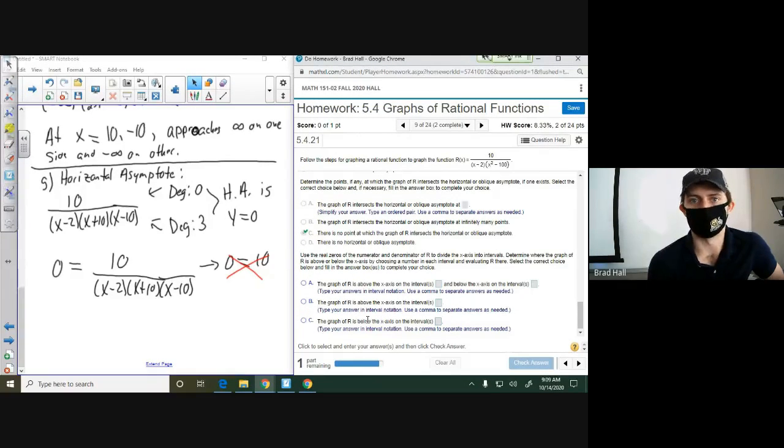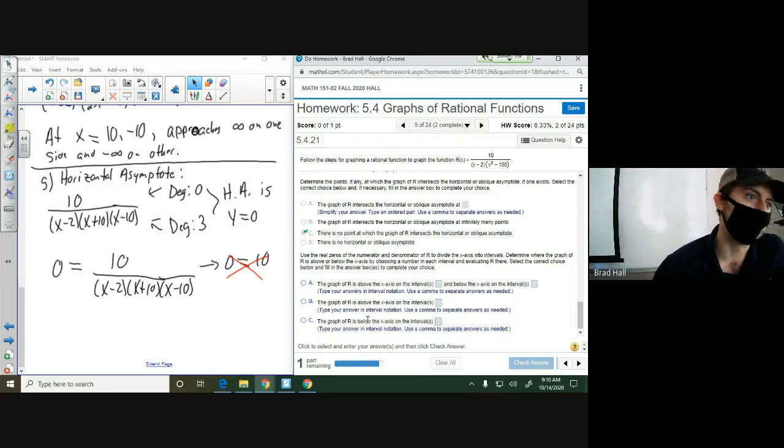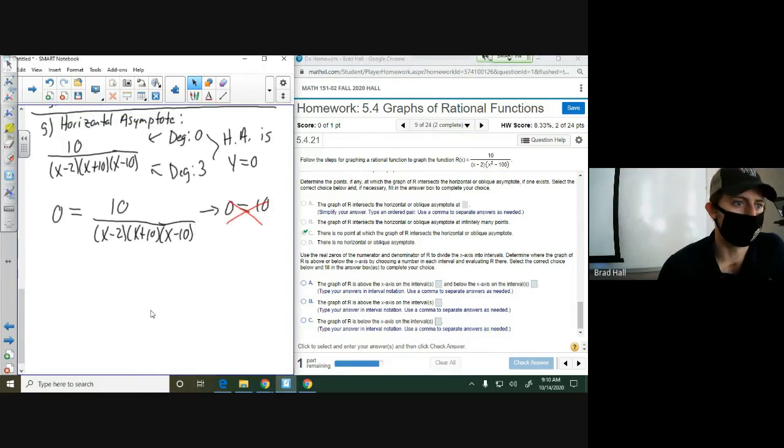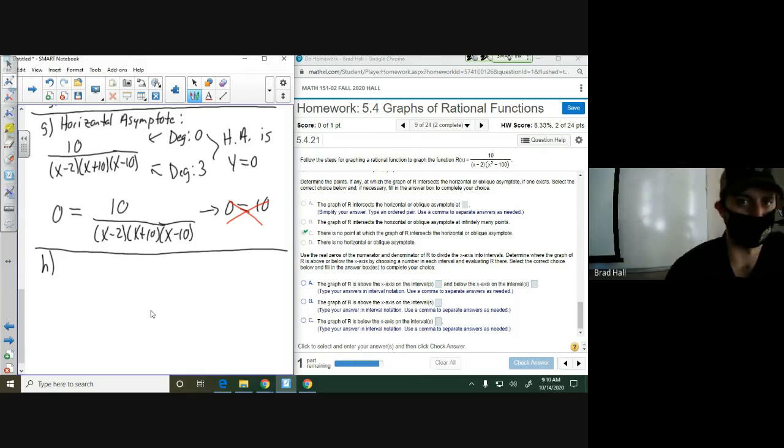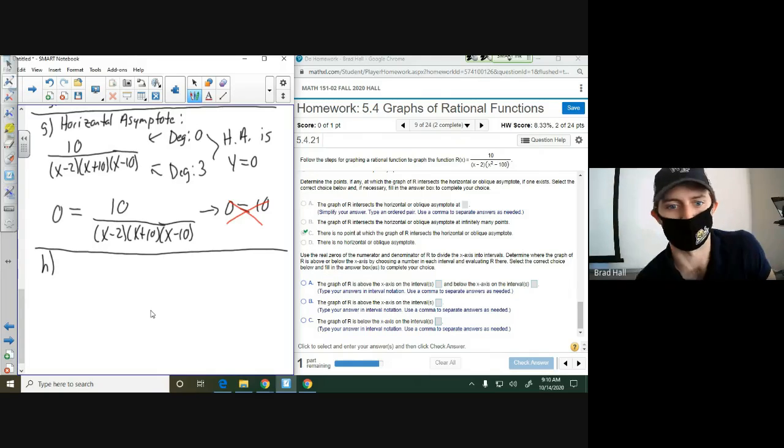So finally, we need to do the number line test, which is also where that idea of multiplicity comes into play. Let me go ahead and explore that idea of multiplicity, like I mentioned before, because it'll simplify a lot of these behavior problems.